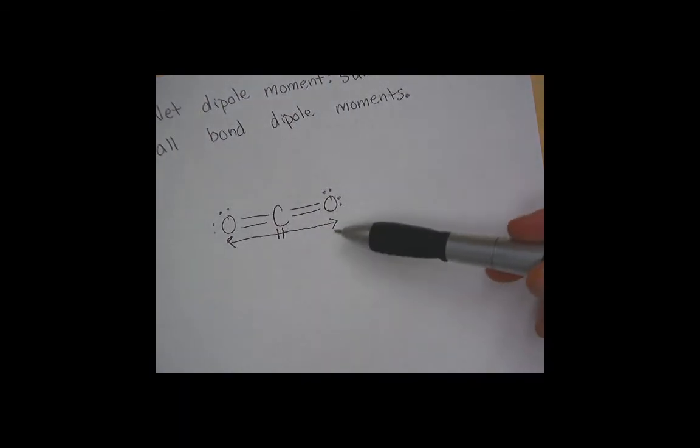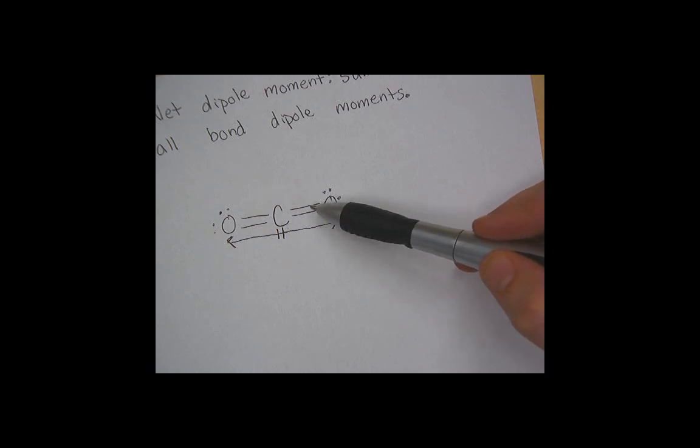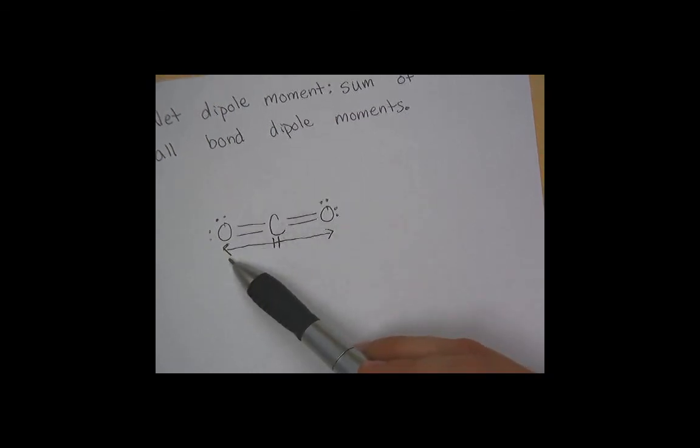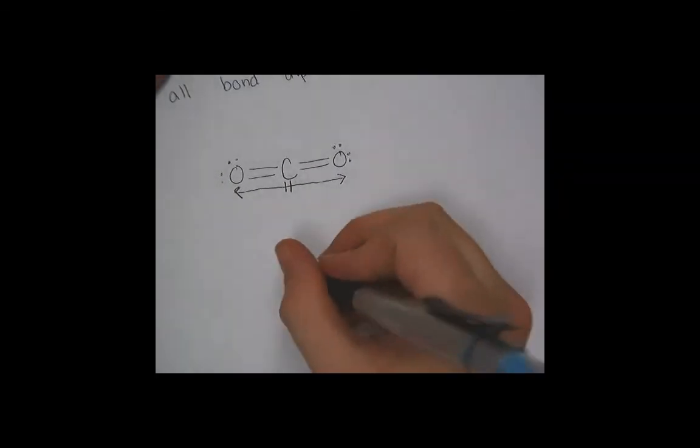So now we've looked at each one of the two bond dipole moments. And something that we notice is that we have one arrow pointed directly to the right and one arrow pointed directly to the left. So I want you to think about something.